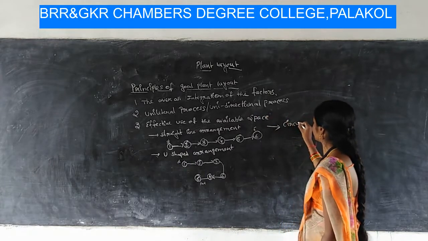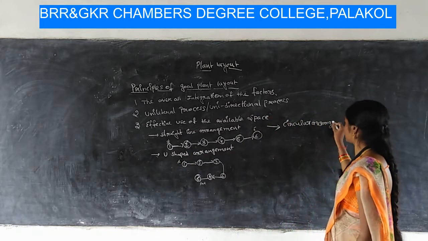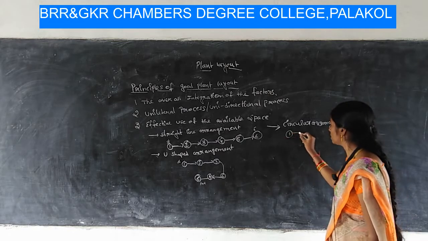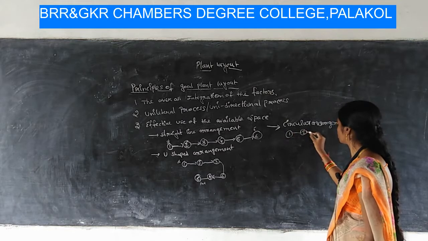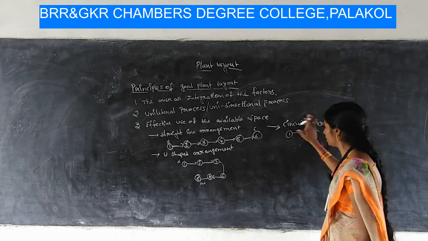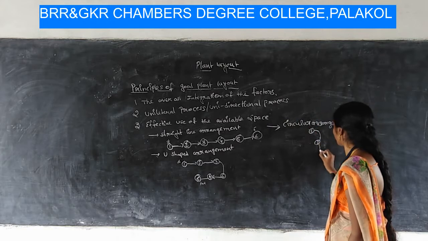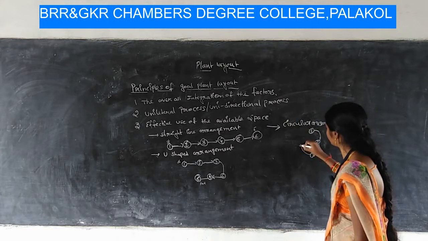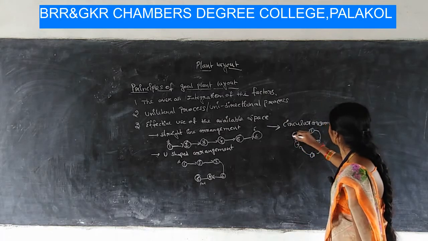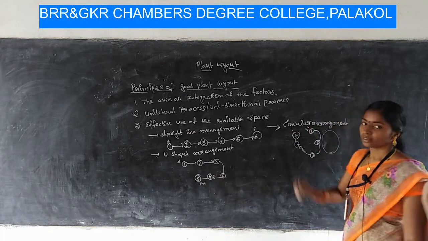And the third structure is the circular arrangement. Here 1, 2, 3, 4 and 5. Starting point, ending point. It's just like a circle.